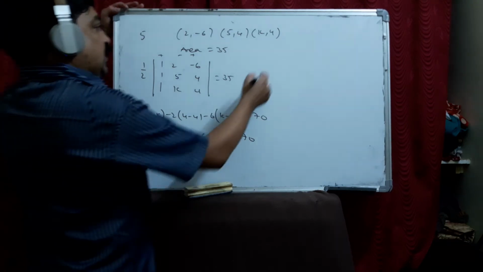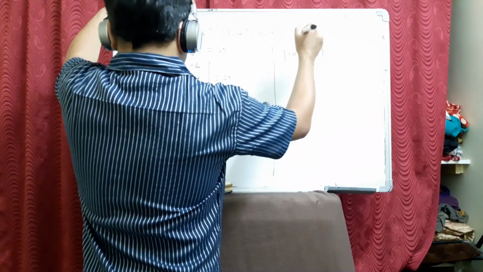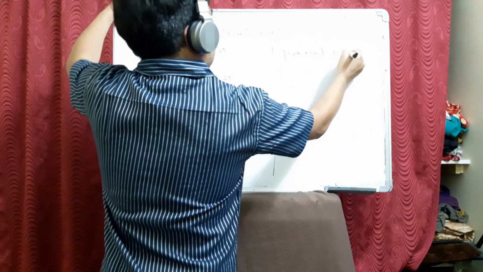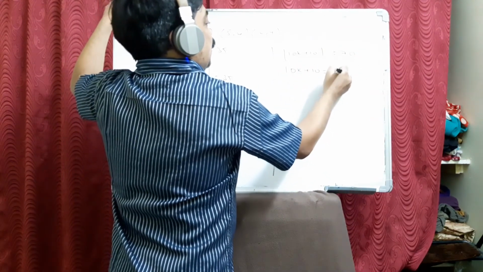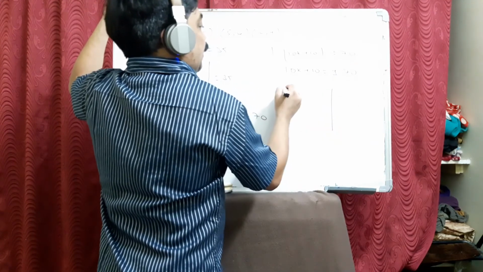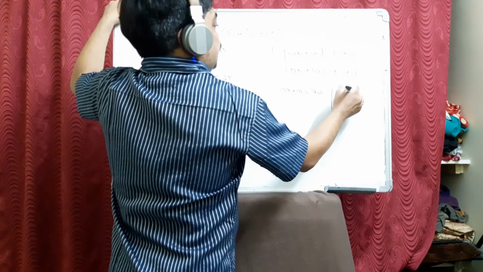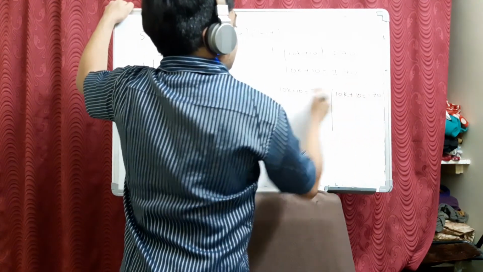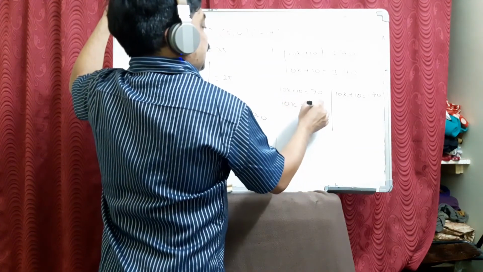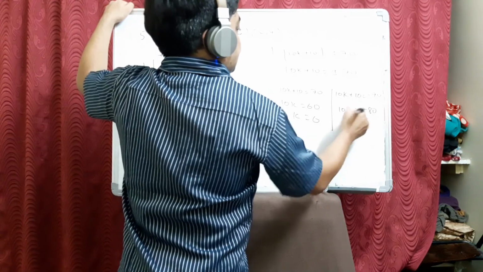When it is in modulus, you can write modulus of 10k plus 10 is equal to 70. That means when you remove the modulus, you will get plus or minus on the right hand side. One is 10k plus 10 equal to 70, 10k plus 10 equal to minus 70. 10k is equal to 60, k equal to 6. 10k is equal to minus 80, k equal to minus 8.